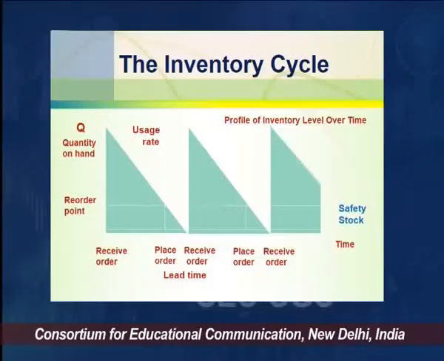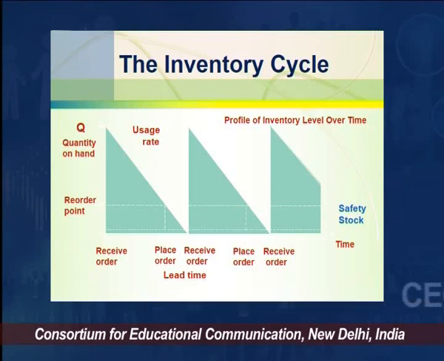So there is a concept of inventory cycle. If you see, these are three different triangles. Basically from the first left hand side, we are showing that some quantity has been ordered. The vertical line shows that the quantity ordered has been received.